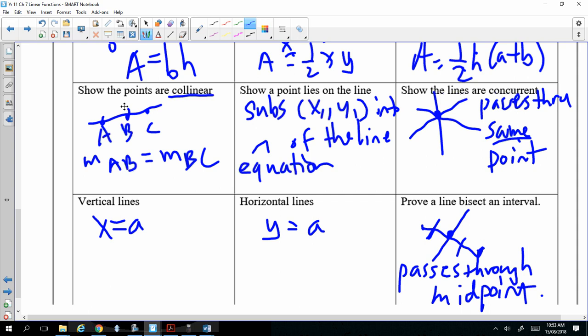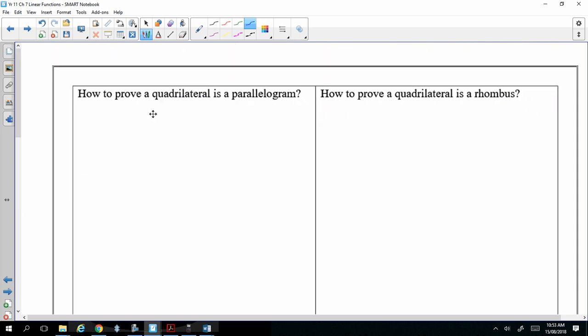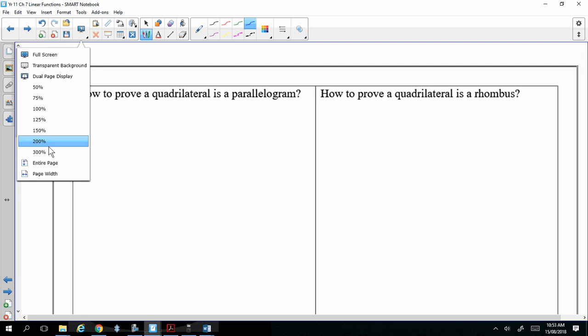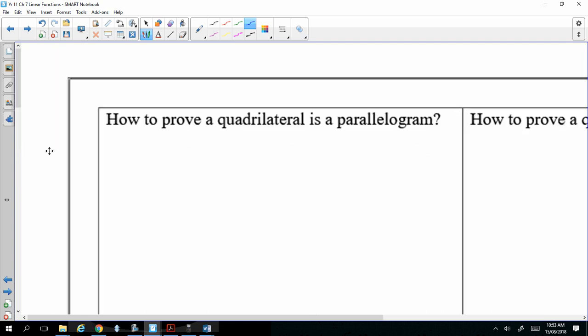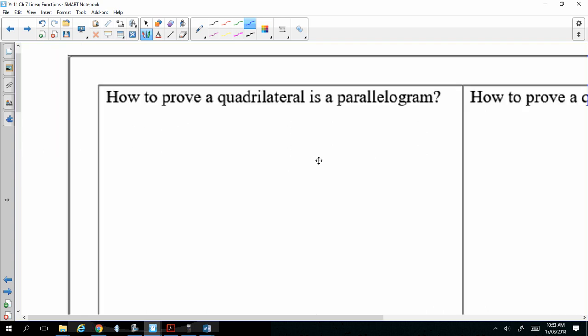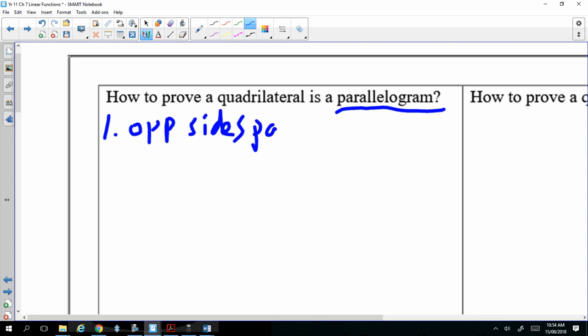All right, let's go through this. Now, remember the tests that we learned for quadrilaterals in chapter 4, geometry? Okay, how to prove a quadrilateral is a parallelogram. Remember the 4 tests, 5 tests? What are the tests? Let's write them down. Opposite sides parallel. Yep. Opposite sides equal.